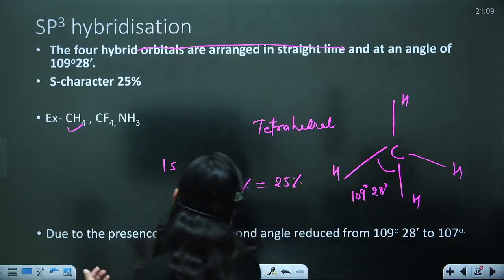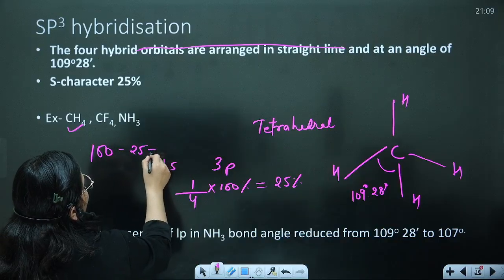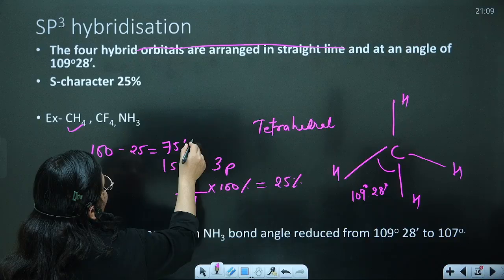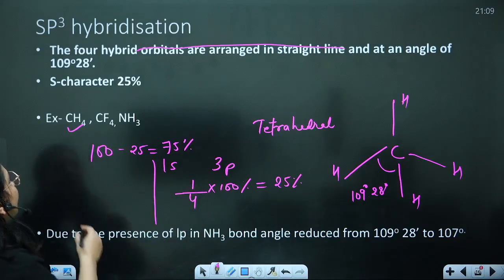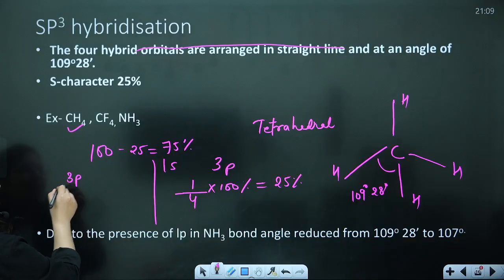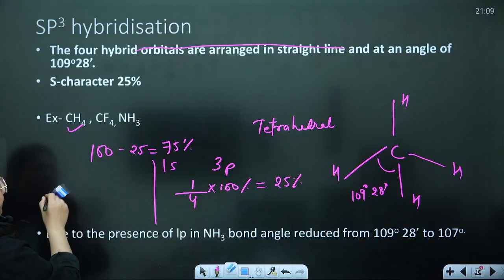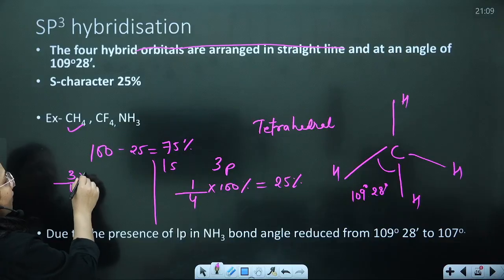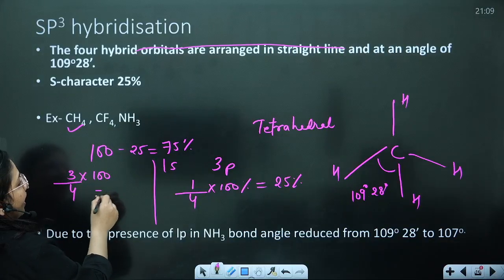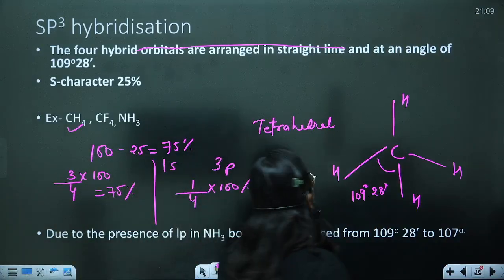Either you can subtract it from 100, it will be 75%, or you can go by the exact long method. There are 3p orbitals, total number of orbitals 4, into 100, and you will get the same answer. This is how you can do it.